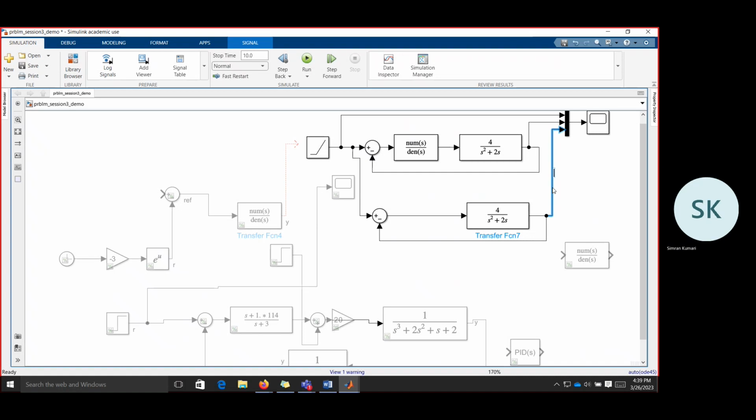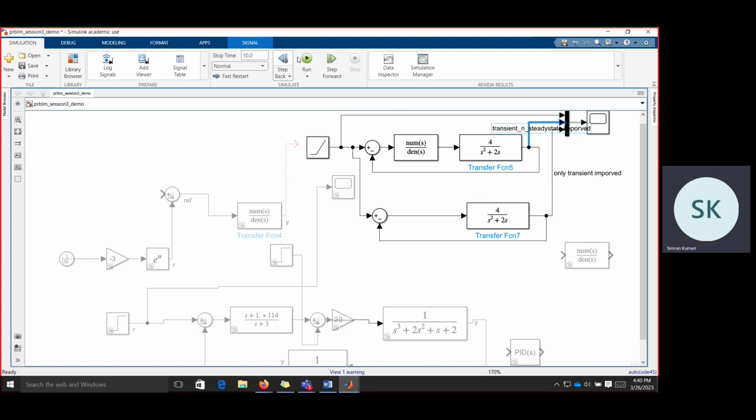This is transient improved, only transient improved. And this is transient and steady state improved. Okay, let us see.